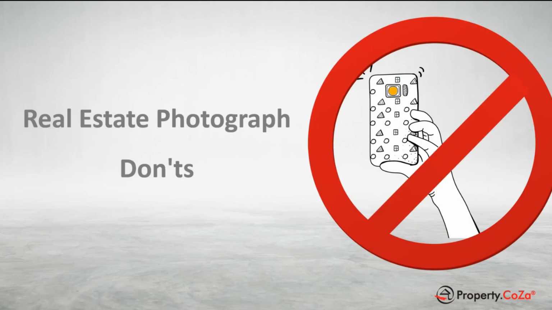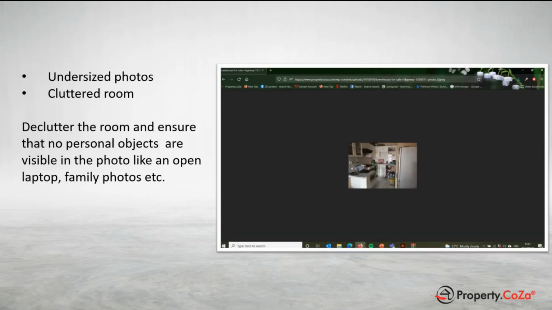Okay. So here are a few real estate photograph notes. Undersized photos and cluttered rooms. We found that, especially if agents take photos with their phones, you need to look at the settings of your phone. If it's set to taking small size photos, rather increase the resolution and the size of the photo, so that you've got it available if you need a higher resolution photo.